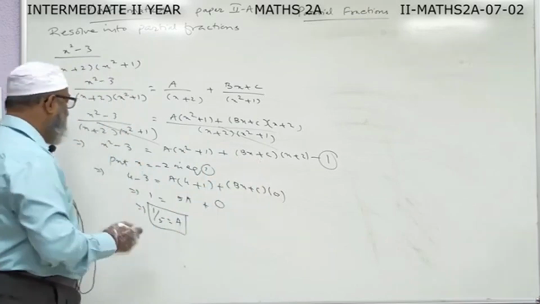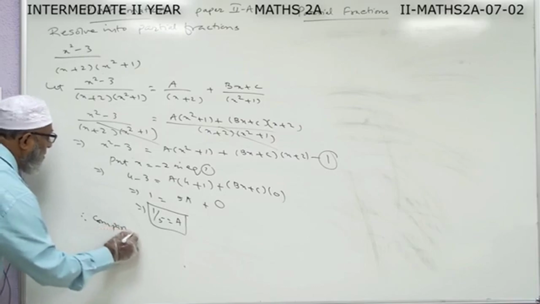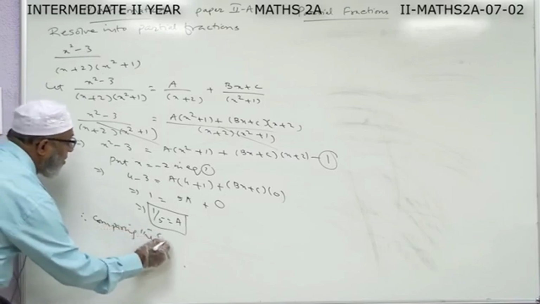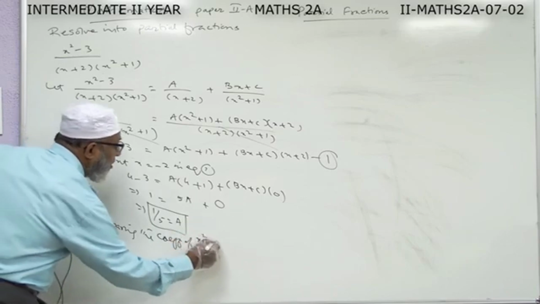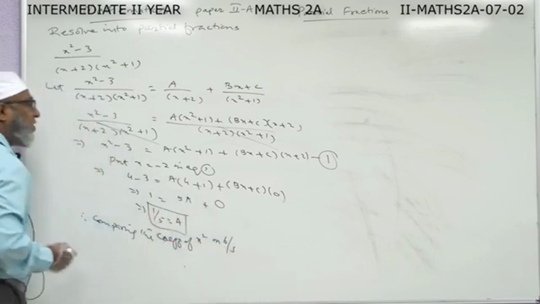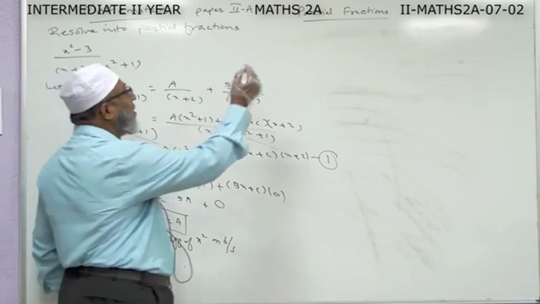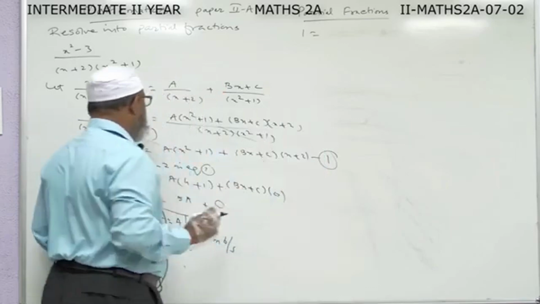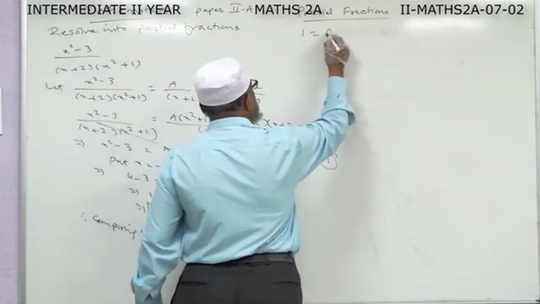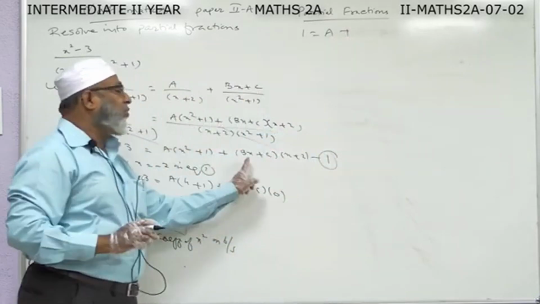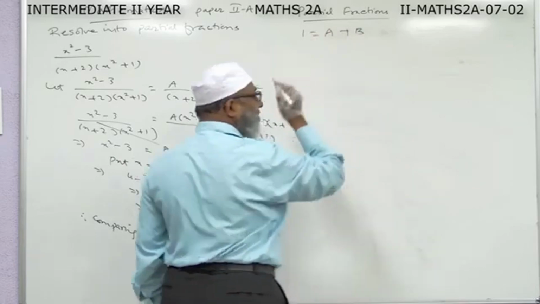B. Therefore, comparing the coefficient of x square on both sides. Now what is the coefficient of x square? On the left hand side it is 1 x square. The coefficient of x square is a, plus x into x, x square. What is the coefficient? B. So a plus b is equal to 1.